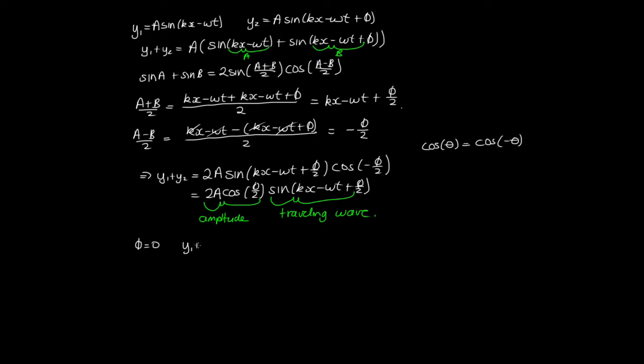In this case, we've got y1 plus y2 is equal to 2a cos of 0 sine of kx minus omega t, and this is 0. And cos of 0 is just 1. So this is equal to 2a sine kx minus omega t.